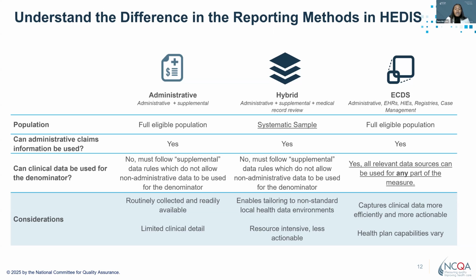While the administrative and ECDS methods are calculated based on the full member population. So there's a difference between the administrative and ECDS methods when compared to the hybrid method in terms of the measure calculation and the population used for that calculation.